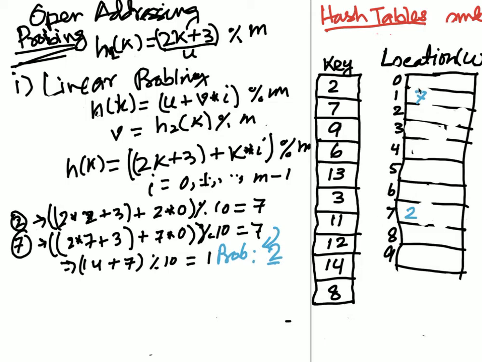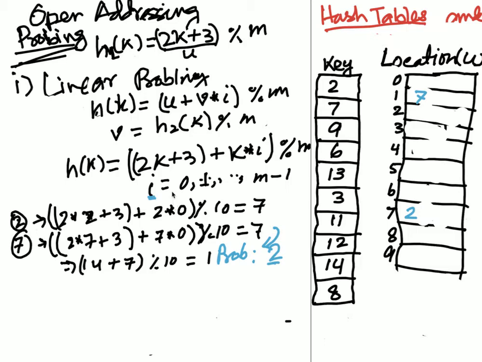That means it may happen that we will be increasing our prob index i from 0 to m-1, and then come back again to an occupied position.